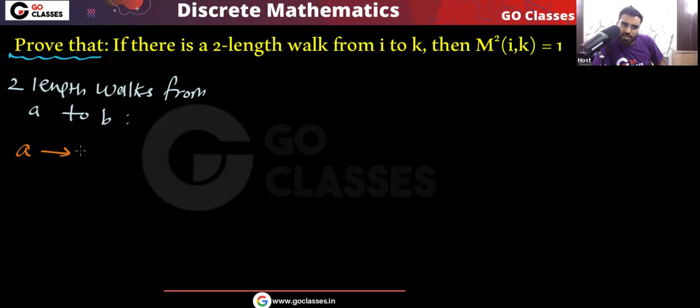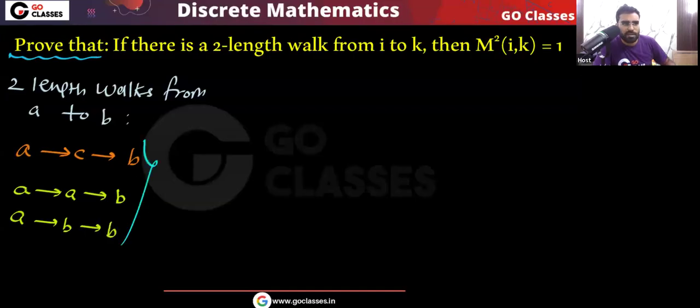Maybe from A to C then to B. Or from A to A, then from A to B. Or from A to B, then from B to B. Do you agree that these are the possible two length walks from A to B?